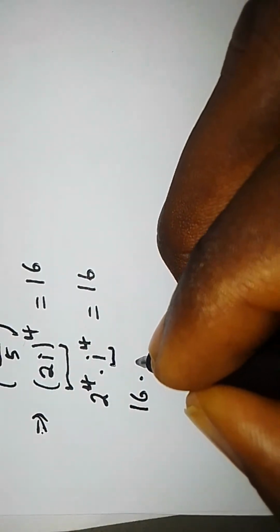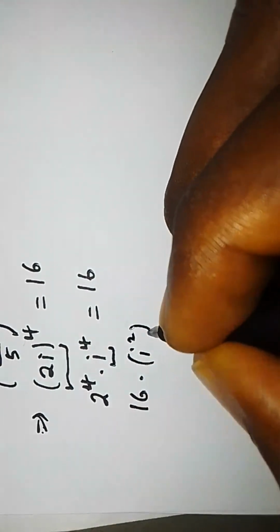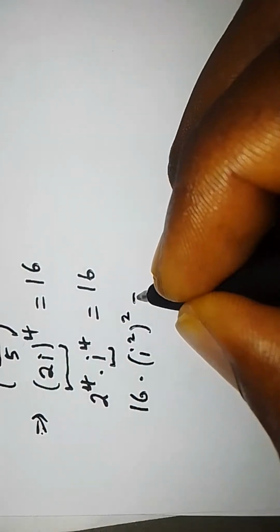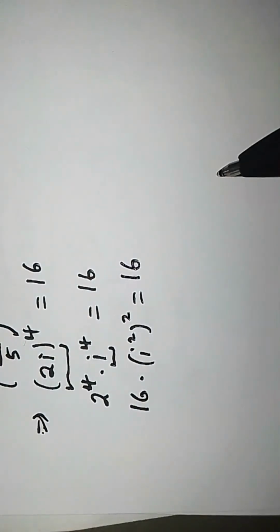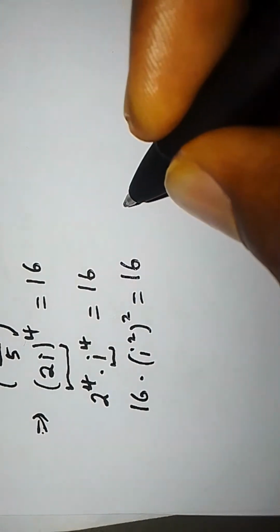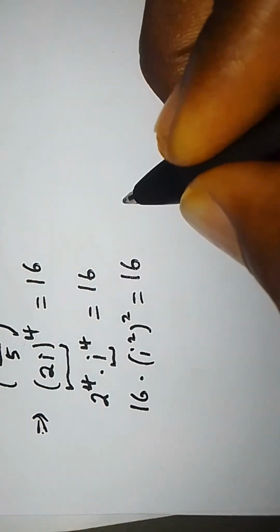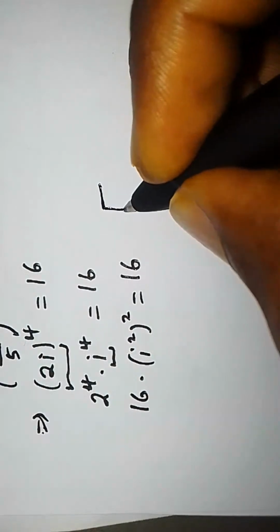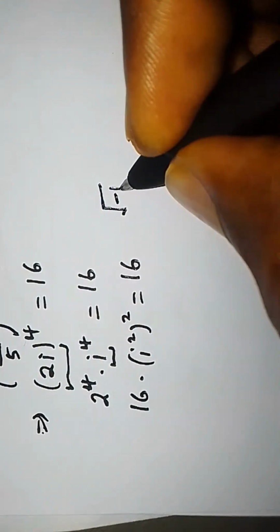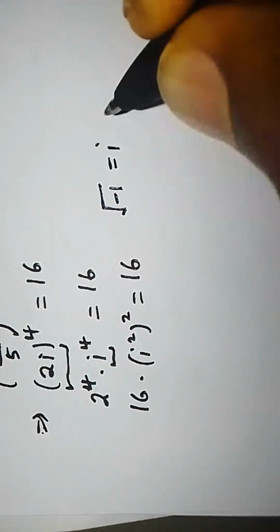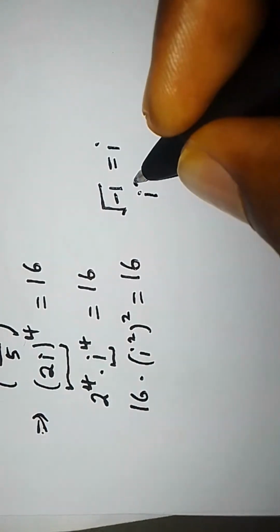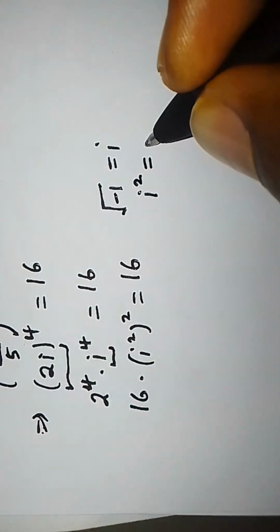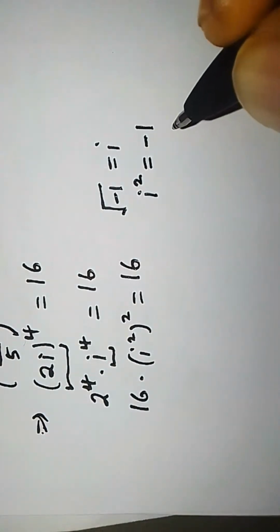It can be written as (i squared) squared. Now, recall that from the complex number, we know that the square root of negative 1 is equal to i. And if we square both sides, i squared is equal to minus 1.